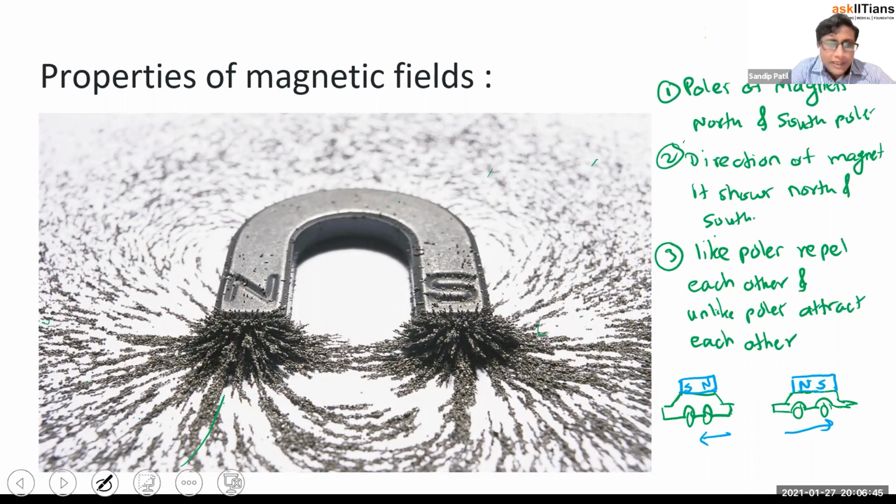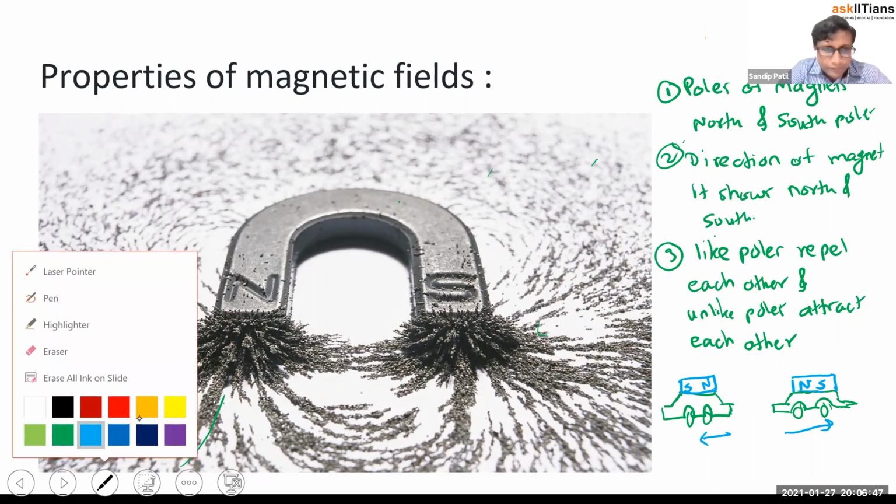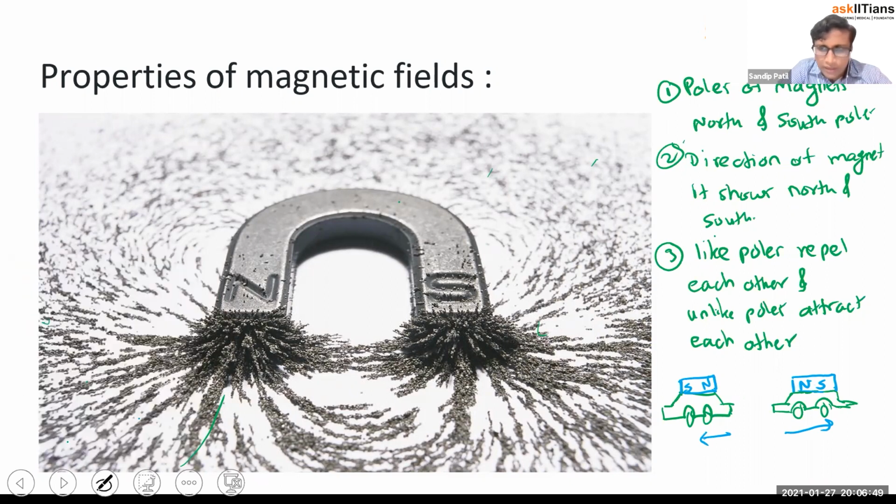Now let's repeat this activity. Let's take these two cars. This is our one toy car. Again, I'm not talking about actual cars. Let's take two small cars like this, and let's keep the magnet again.